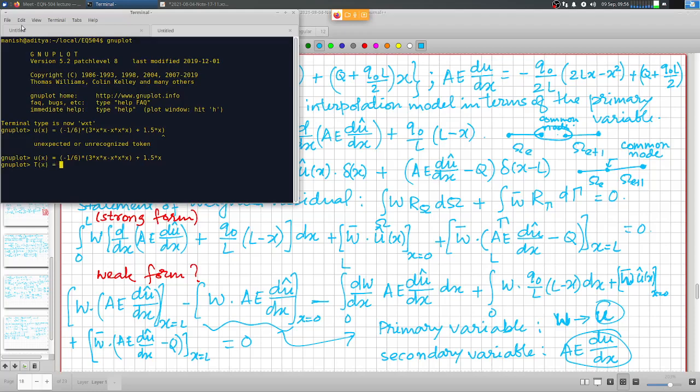Dx is equal to minus 0.5 multiplied by 2x minus x square plus 1.5, and UA x is equal to 7x by 6.